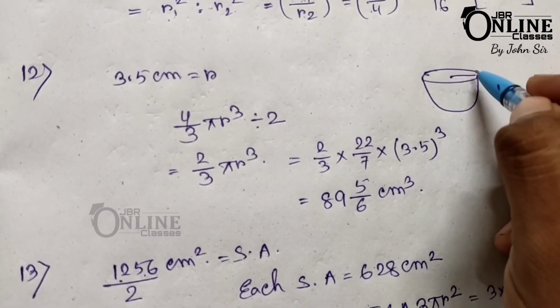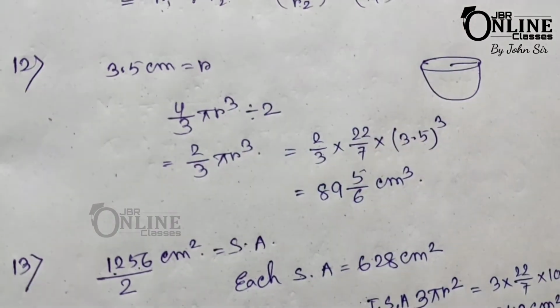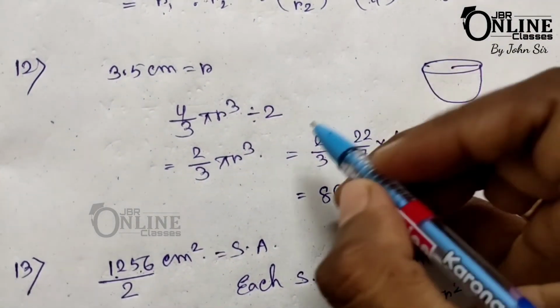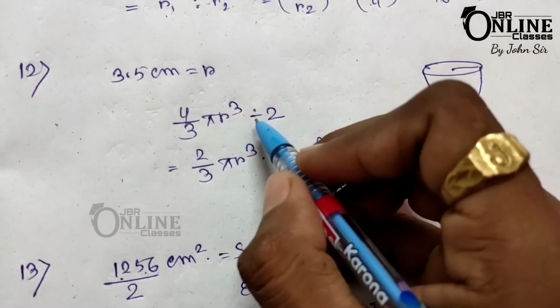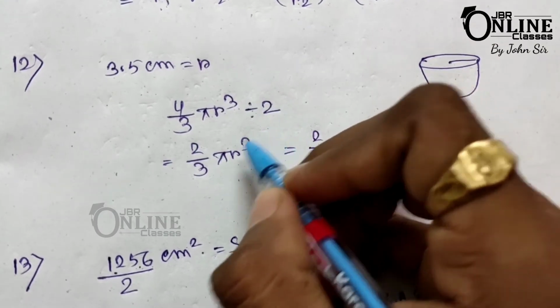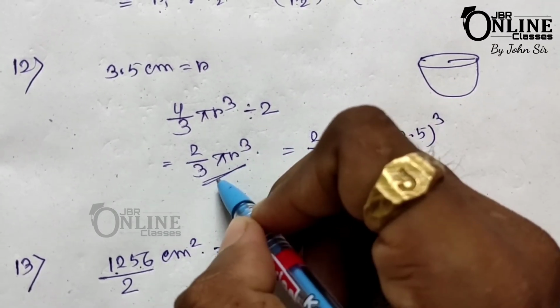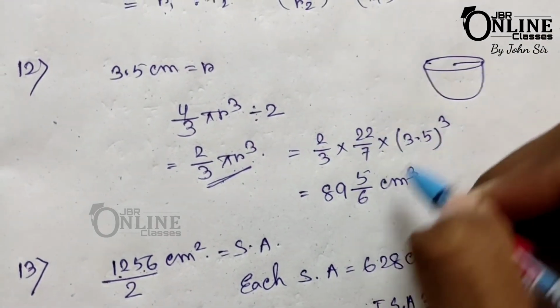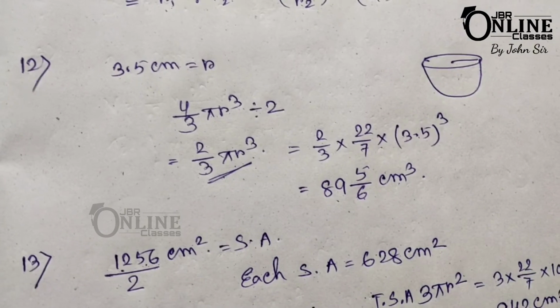As the volume of a whole sphere equals 4 by 3 pi r cube, and here you have to find the volume of a hemispherical bowl, that means the volume will be half. So here 4 by 3 pi r cube half by 2, that means 2 by 3 pi r cube is the volume of a hemispherical bowl. Now put down the value of r and you will get the answer 89 whole 5/6 centimeter cube.